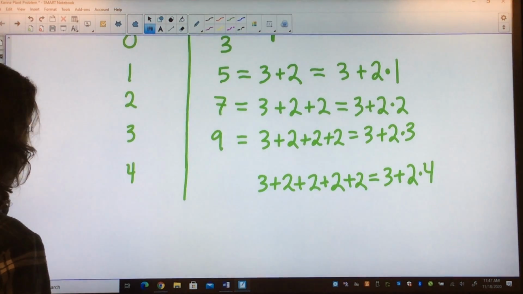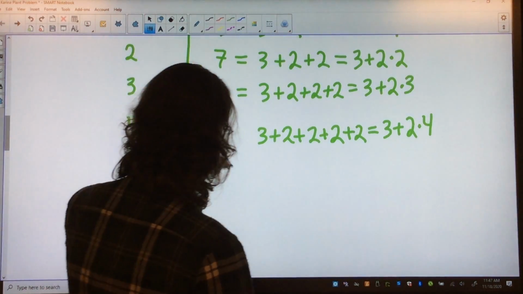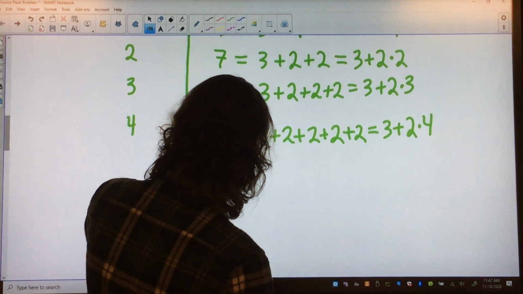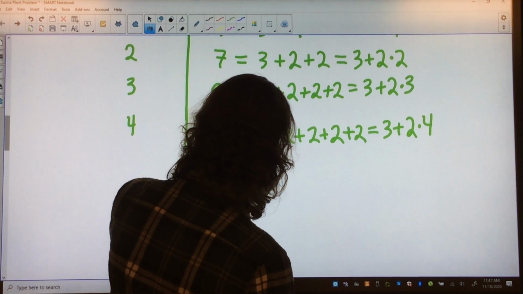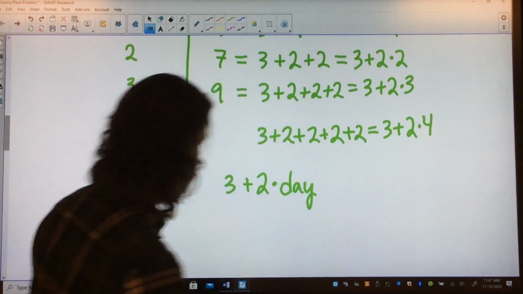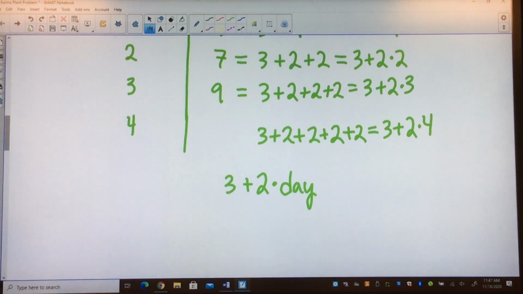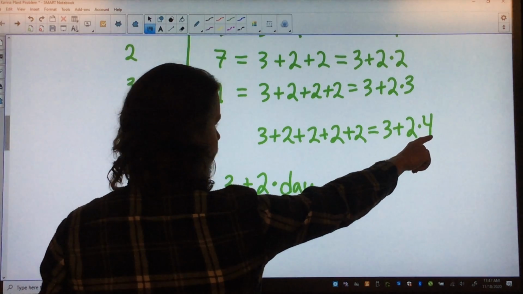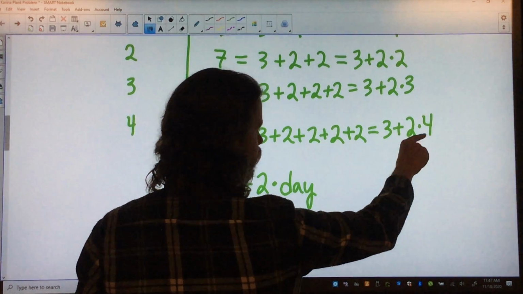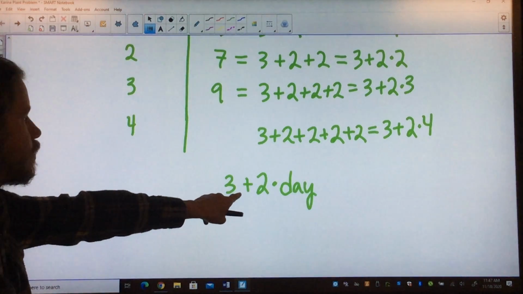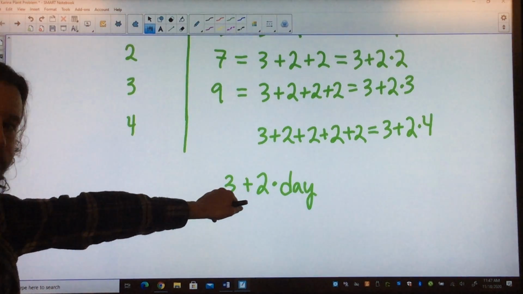So it looks like my general pattern is I'm taking the starting height of the plant, 3, plus 2 times the number of days it's been. So that's my general pattern there. Whatever day it is, that's how many 2's I add, or thinking about it in terms of multiplication, that's what I multiply by. This right here is what we call a mathematical expression.